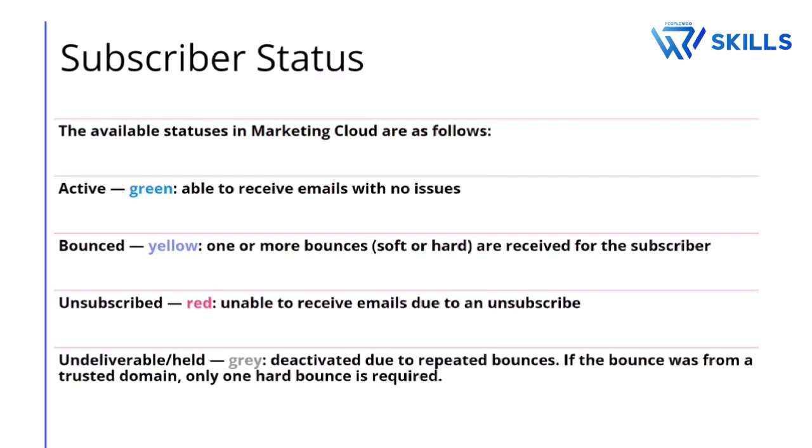Marketing Cloud tells that this subscriber is active and can receive any type of email. But once you send an email, based on system and subscriber behaviors, the status may change. Suppose you are sending an email to me and my Gmail inbox is full, with no capacity to receive any further email.